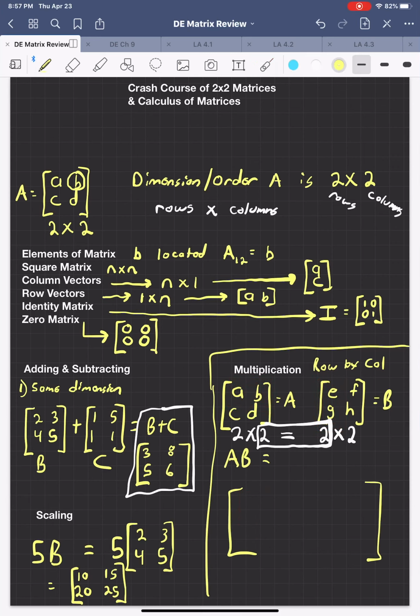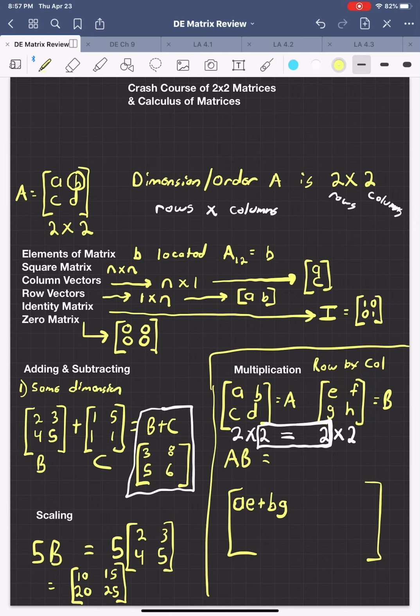So when we do this row by column, this would be A times E plus B times G. All right, so whatever that is, once you multiply and add, that would be the first entry. All right, and then what we can do is we can do row 1 by column 2.